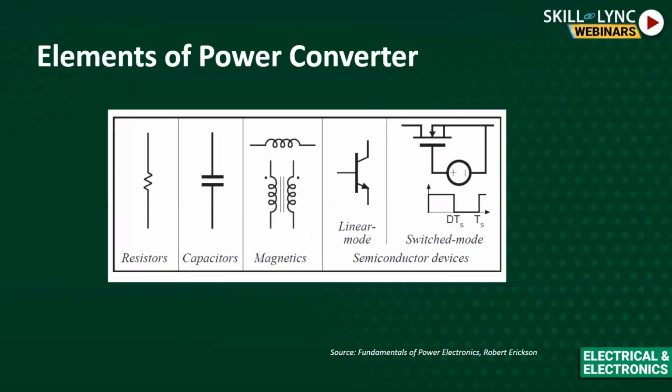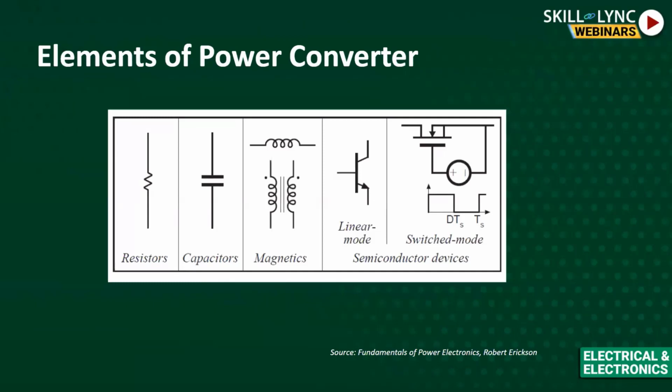The power converter is nothing but resistors, capacitors, magnetics, linear mode, and switch mode devices. You must note that we do not use the magnetics to derive the control signal because it introduces delays. For signal processing, we don't use major magnetics. Of course, we may use a simple magnetic, but it introduces larger delays if you use bigger magnetics.